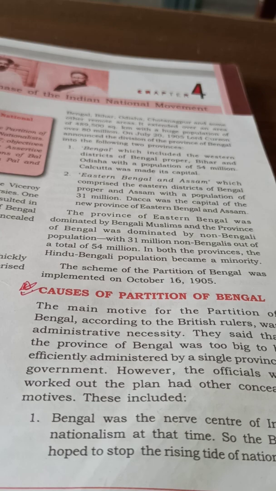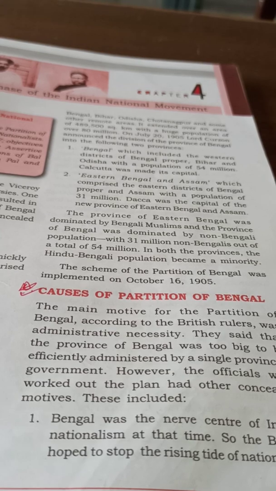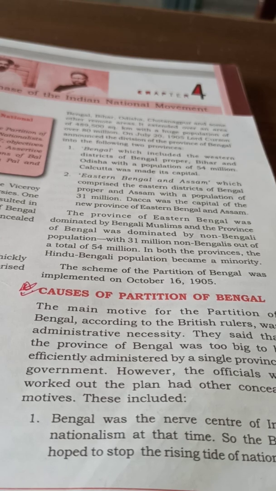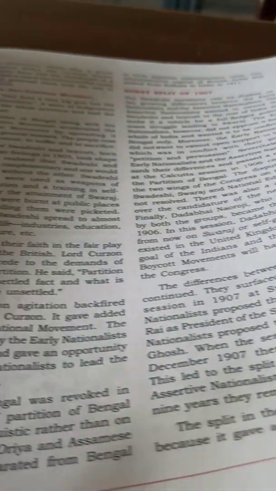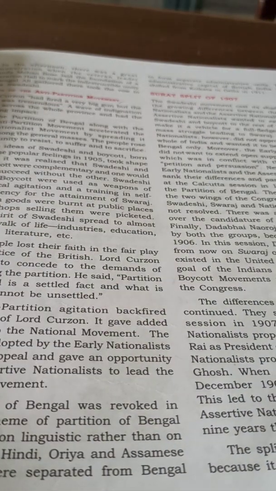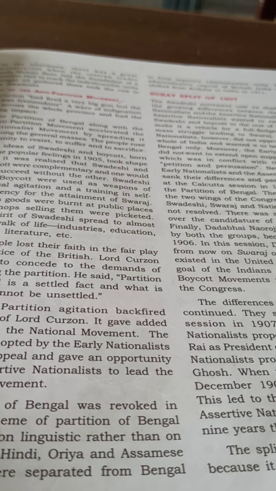But the main reason behind it was not the big province. Bengal was the nerve center for all the nationalists, all the leaders who were coming out for the freedom struggle belonged to Bengal. Moreover, they wanted to divide the Hindus from Muslims, in order to fulfill their motive of divide and rule.